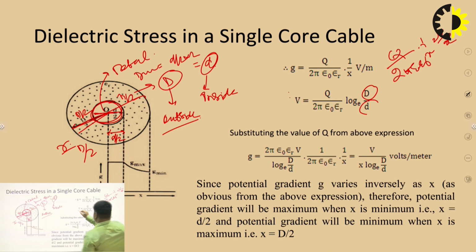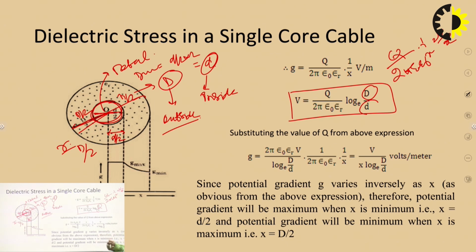This is the formula taken as the reference for calculating the electric potential: Q by 2 pi epsilon naught epsilon r, logarithm base e, capital D by small d.